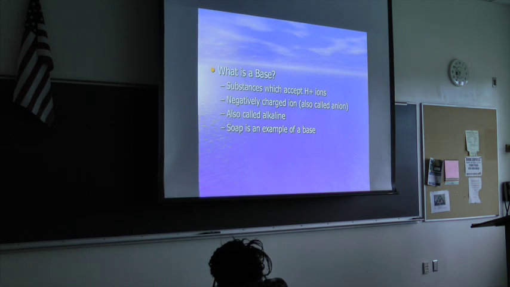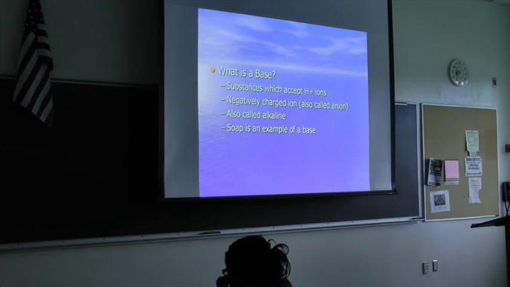Another word that we use is alkaline to describe something that has a high pH or a base. Does it say on here that a base would have a high pH? No, it doesn't. So you need to add that to your notes.